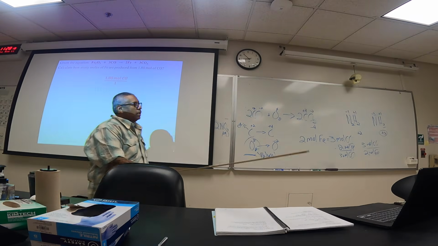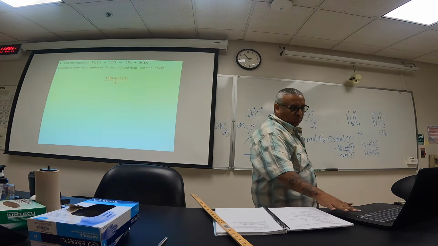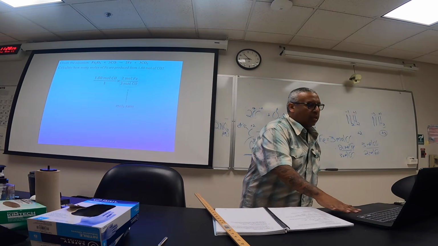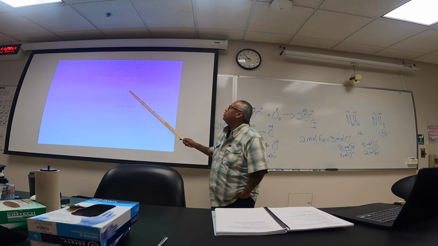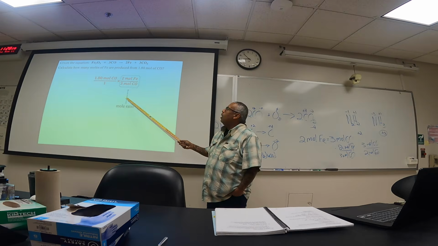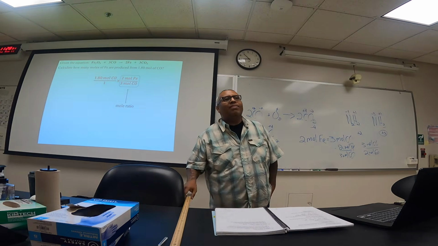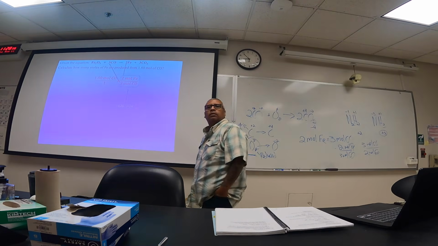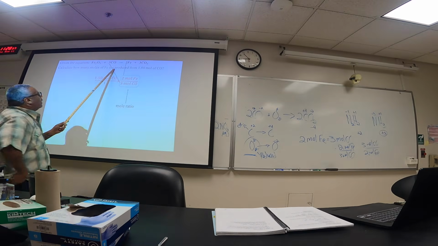So we're going to use that molar ratio, right? This is a mole ratio. You're only going to get that in one place, and that's in the balanced reaction. You're not going to get it anywhere else.